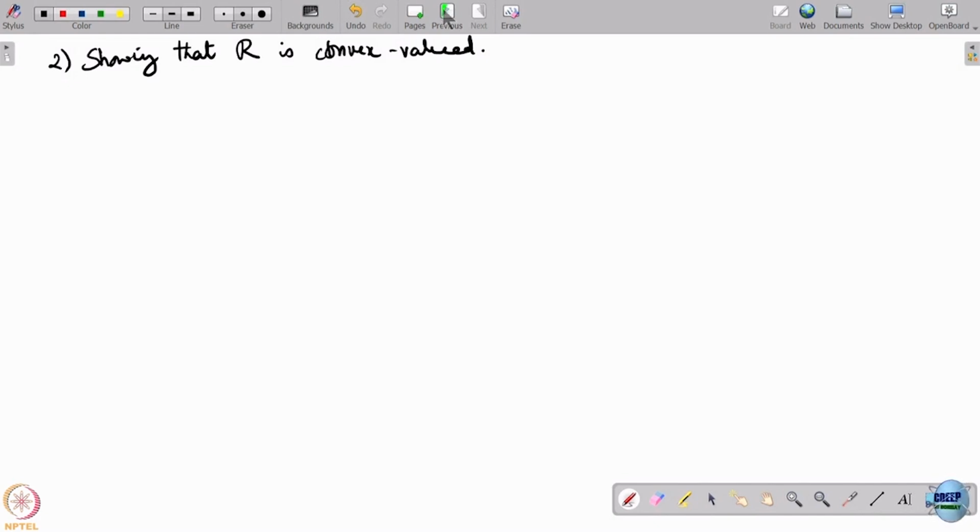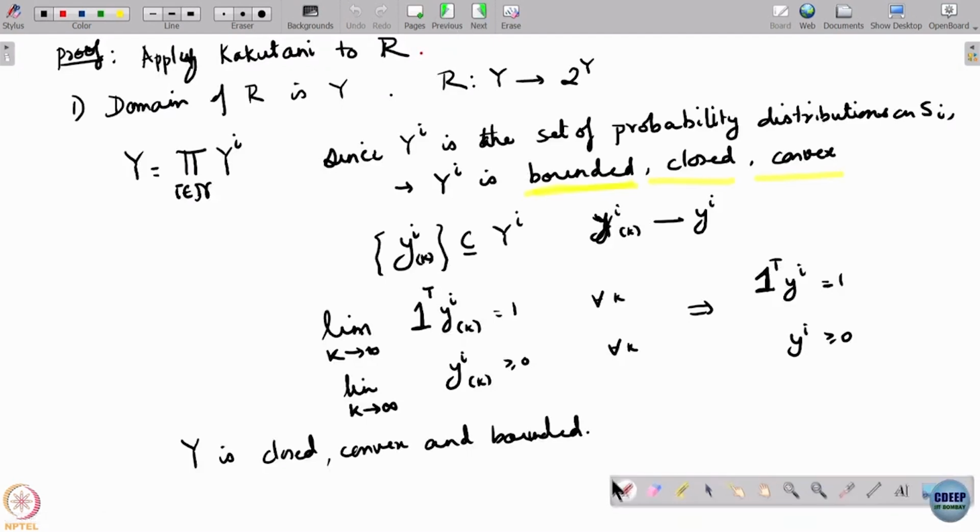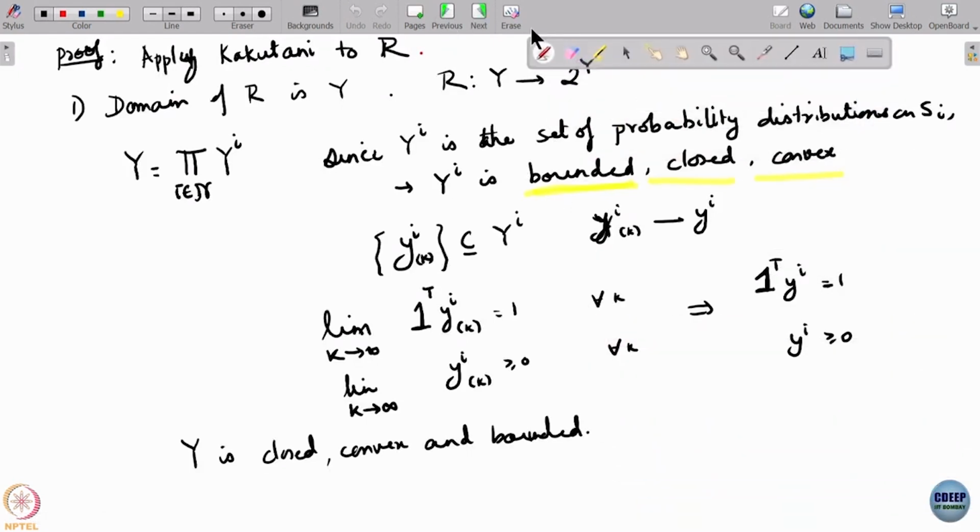It follows trivially, actually. This is a standard property: if A and B are convex, or closed, or bounded, the product will also inherit that property trivially.